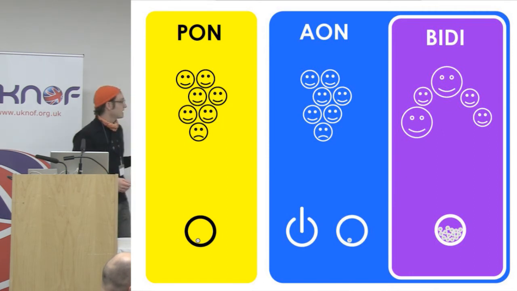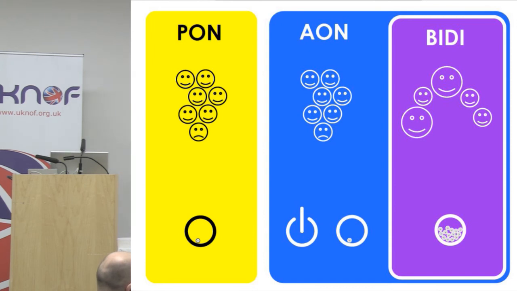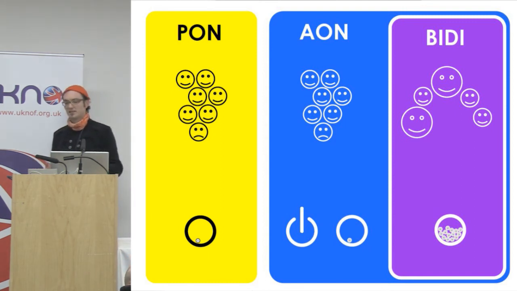At the AON solution on the right side, the disadvantage here definitely is we need power, but the good thing is, when we look at the bidirectional, you can really support different customers with different applications. That's quite flexible.